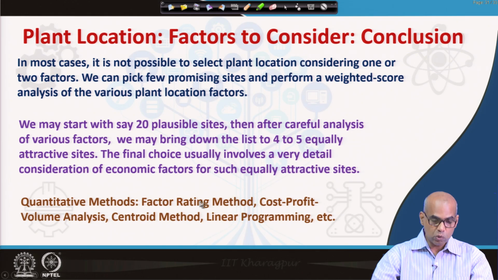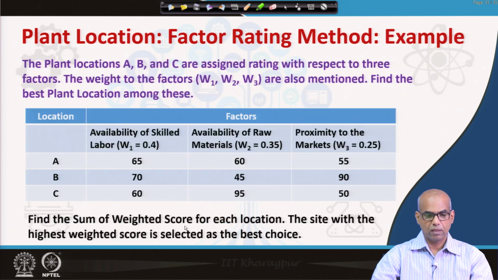Quantitative methods are used for consideration at the final stage. Such methods are factor rating method, cost profit volume analysis, centroid method, linear programming method, etc. Now, let us take one simple example from factor rating method.